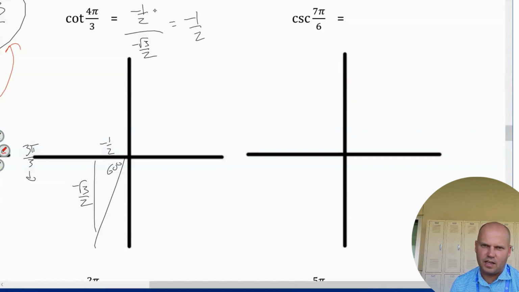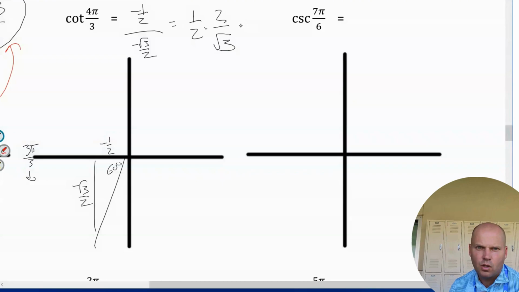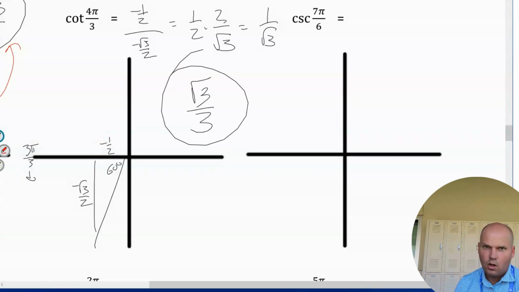Negatives divided by negatives, positives. I can do 1/2 times 2 over root 3. Positive, which is root 3 over 3. I will accept either of those answers.